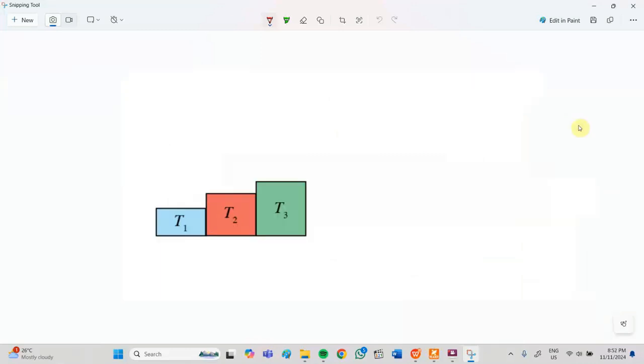So next we have S3. So S3 means T1 plus T2 plus T3. But then we are going to form S3 as what we did to S2 just now. We are going to represent all the blocks here. So the first one here, T1, has a length of 1 with a height of A. T2 will have a length of 1 and the height of A plus D. And T3 will have A plus 2D here, and here is 1.